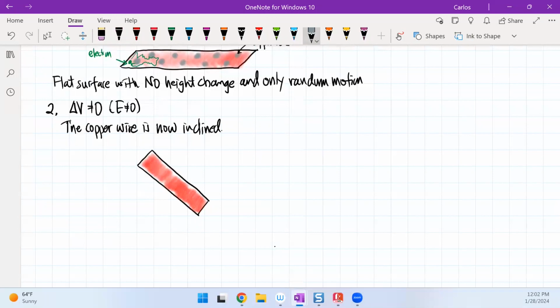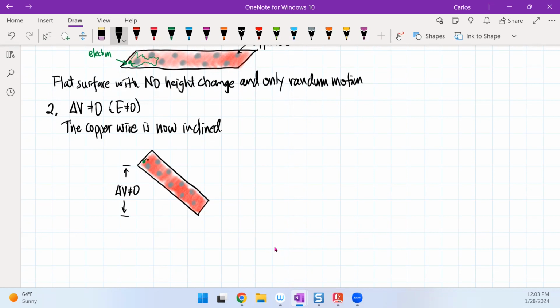I still have my copper ions here, but now when I put my electron in here, let me be careful first. What you're seeing here is that now I have a height change. So what actually happens when I have a height change? The electron now has a superposition of two motions.